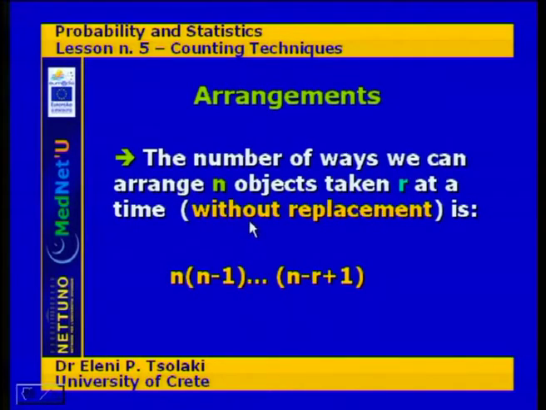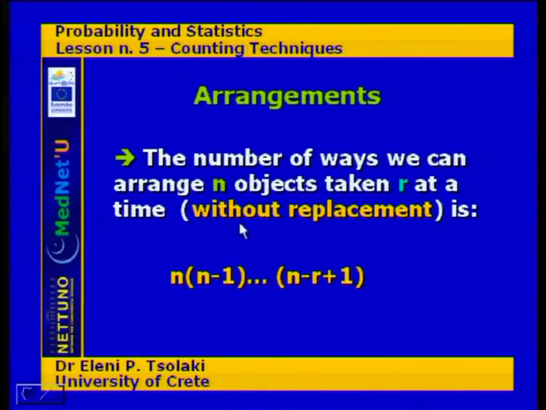We have that the number of ways that we can arrange n objects if we take r at a time without replacement is n times n minus 1 times, and we multiply up to the number n minus r plus 1.